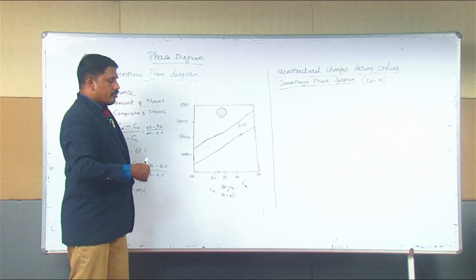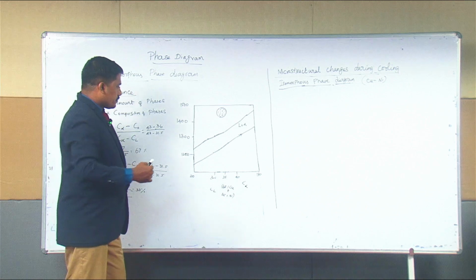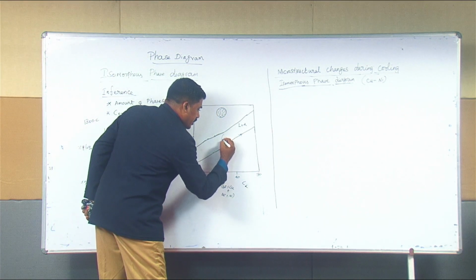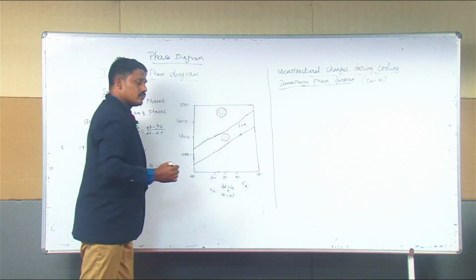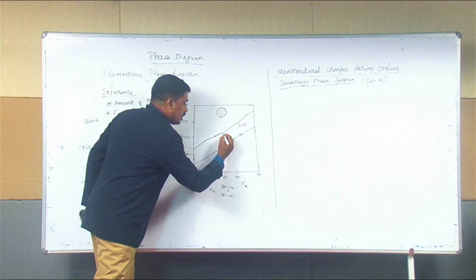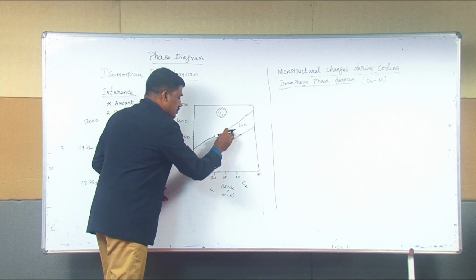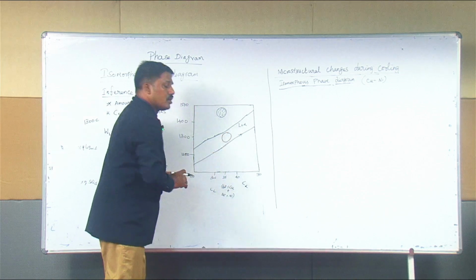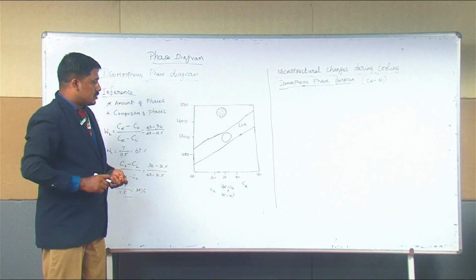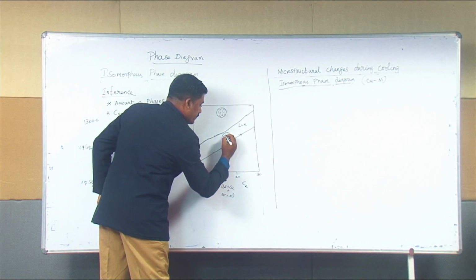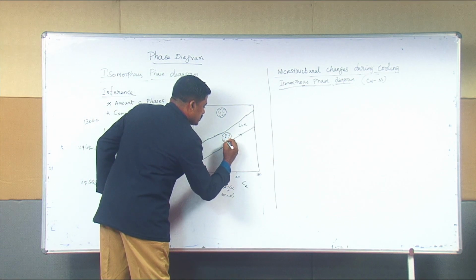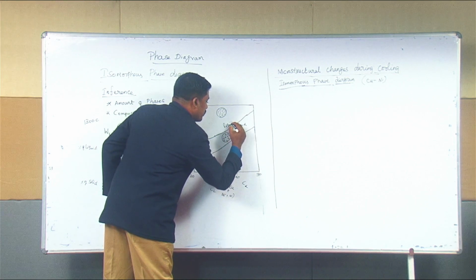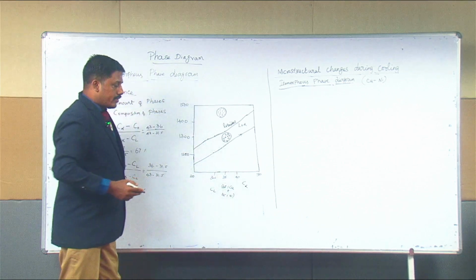So when we reduce the temperature, due to the reduction of temperature, the nickel atoms start to solidify. So solidification starts after the liquidus boundary.